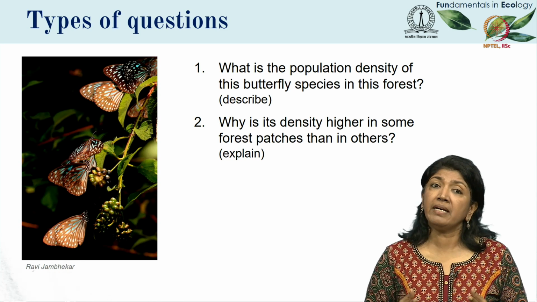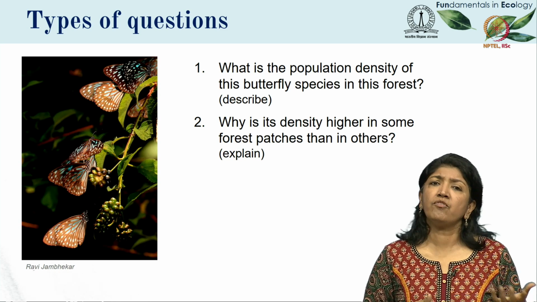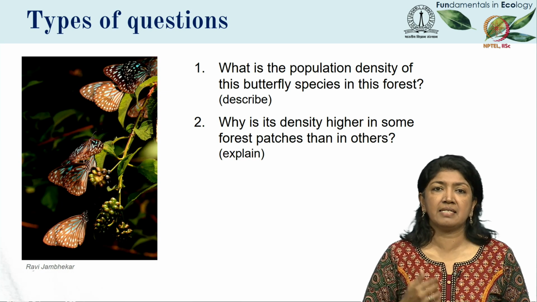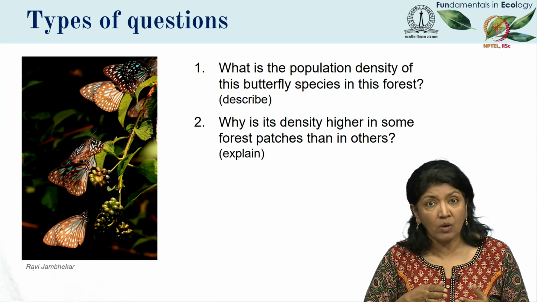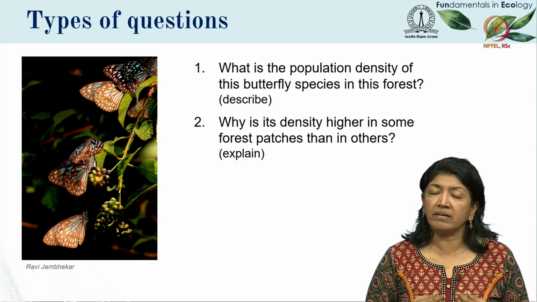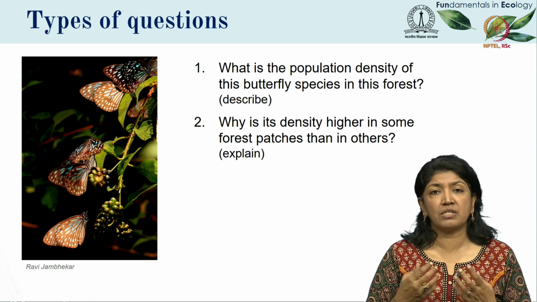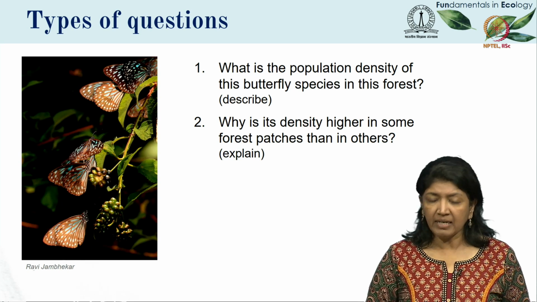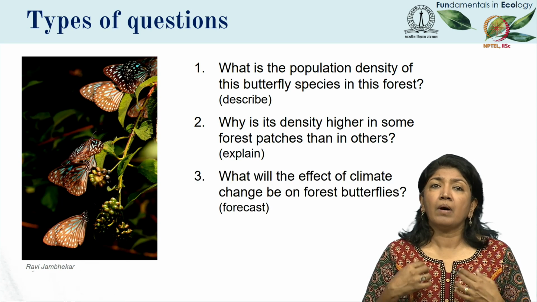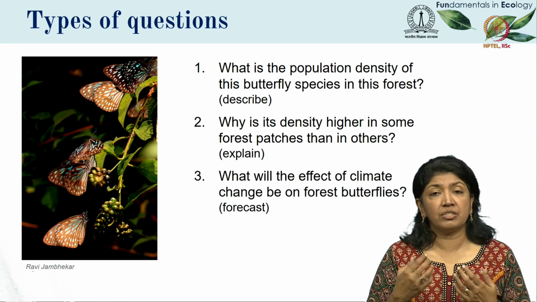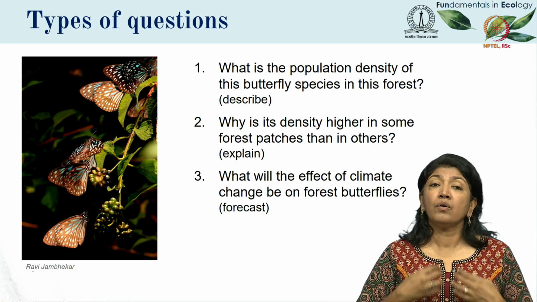Or we might be interested in asking, why is its density higher in some forest patches than in others? So, here we are interested in looking at the process underlying a pattern. So, here we are interested in coming up with explanations for a phenomenon. Finally, another type of question that we might be interested in is how might climate change affect forest butterflies. So, here we want to forecast.